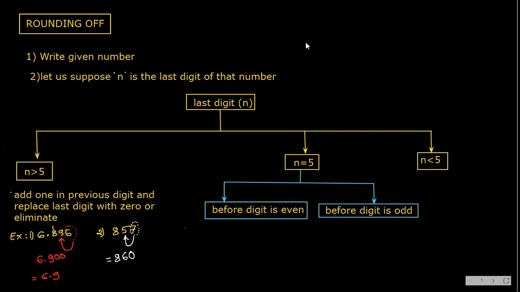So if this before digit is even, then what to do? Let's see.